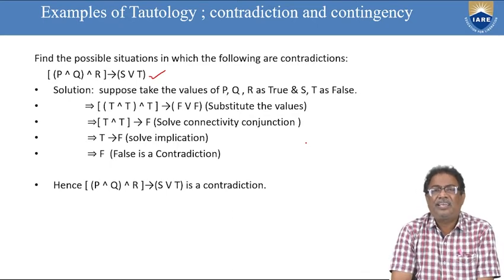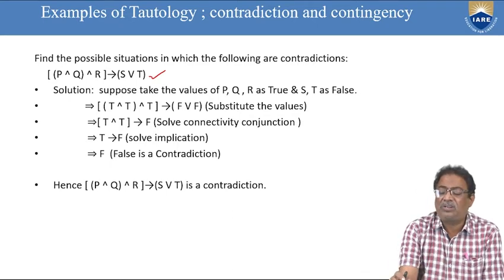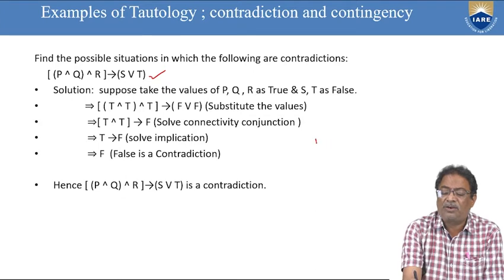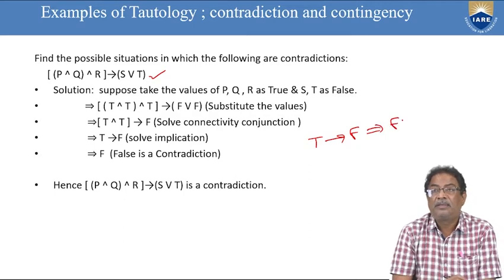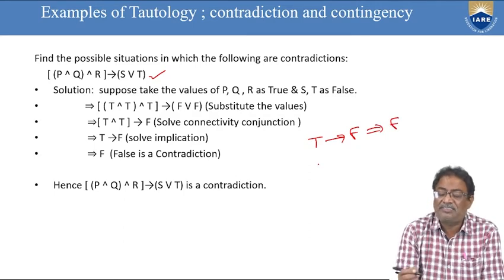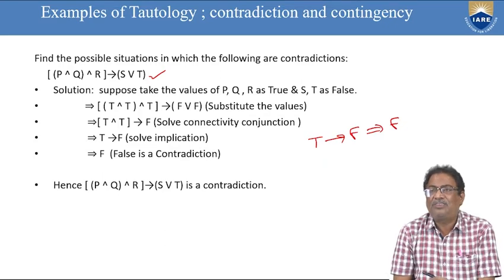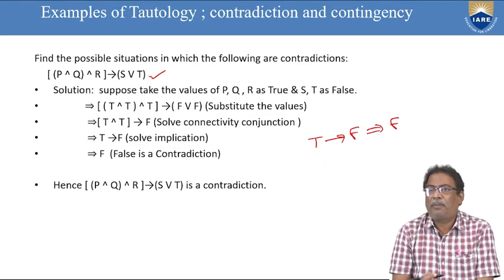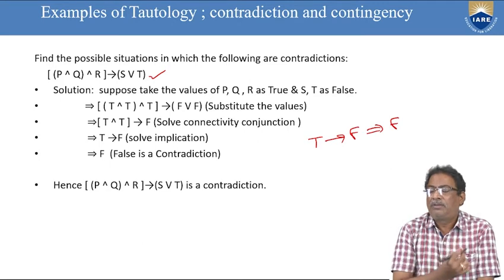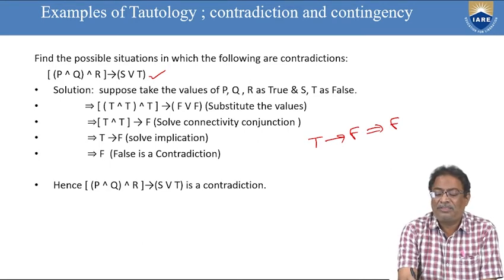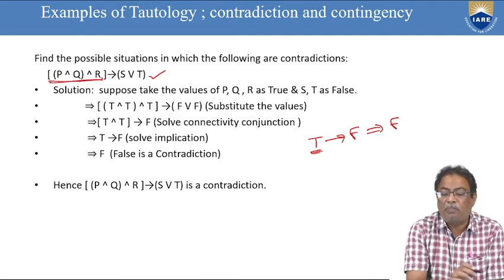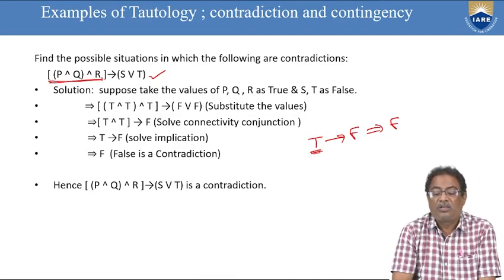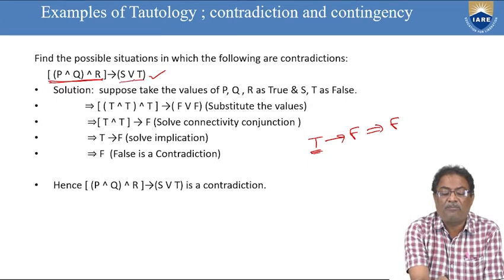See the right hand side: when the conditional will be false, whenever this is true, then this will be false. If I take false, it will become true. So on the left hand side, this value should be true, and this value should be false.